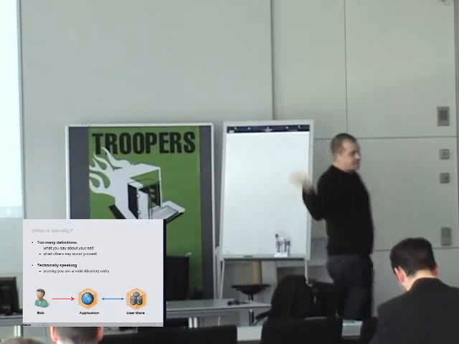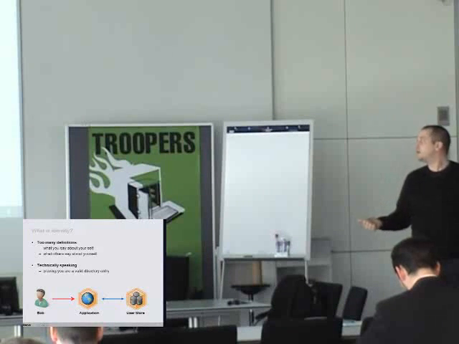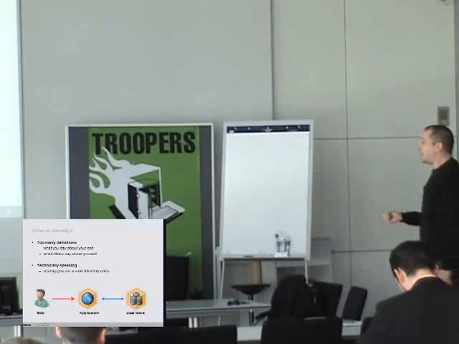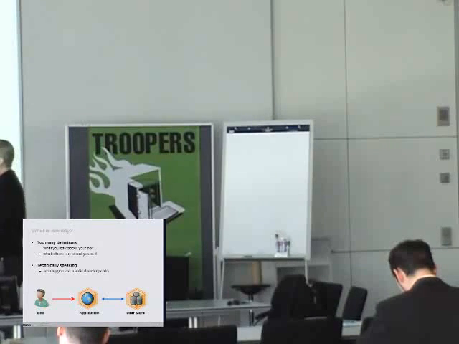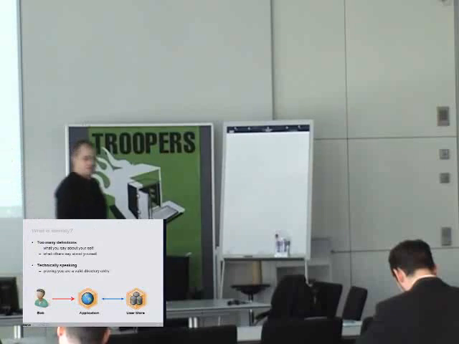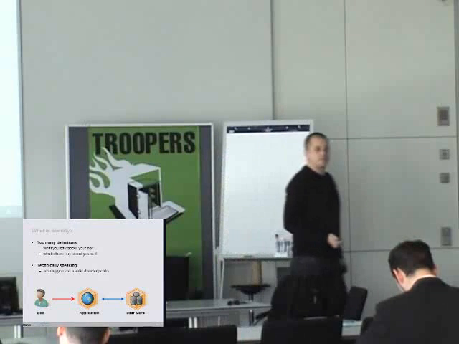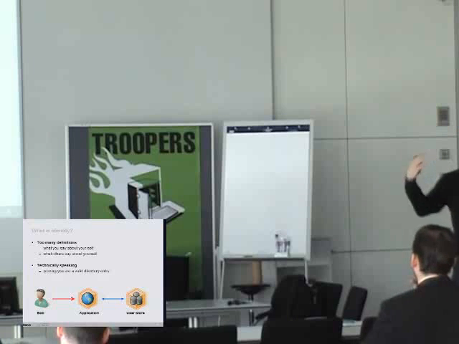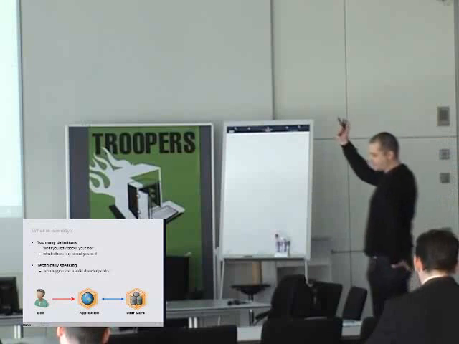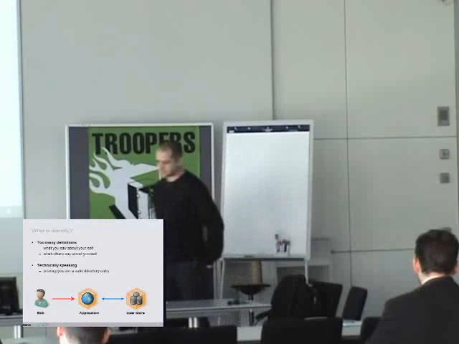Identity is what others say about yourself. That's usually more trusted. And technically speaking, when you authenticate to an application or a network, identity means that you can prove you are a valid directory entry. Okay? So if you can authenticate against your user store, then you have an identity in that system.